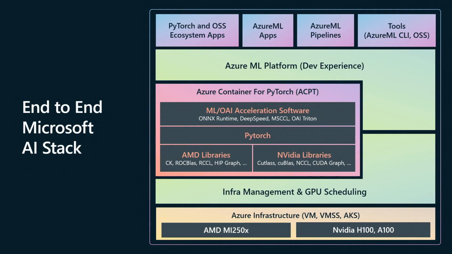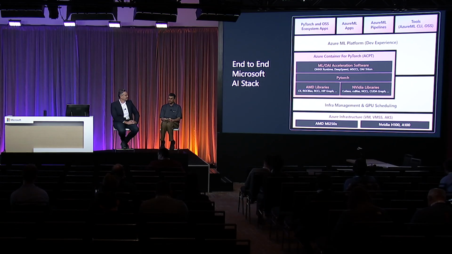So you can chain all these things together into a pipeline, and we provide both a visual as well as an SDK-based approach to constructing your own pipelines. And then finally, you can use just a command line interface, like Accelerate has a CLI, PyTorch Lightning has a CLI, and Mosaic ML. You can use any of these CLIs, and Azure Machine Learning itself provides a CLI interface where you can submit a job and look at logs from the job. So that's at a high level what our stack provides.